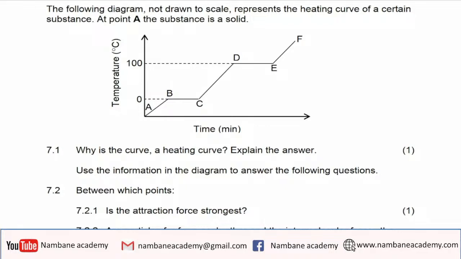Why is it a heating curve? It's because it's gaining heat. No, we need to put it in context that there should be at least some form of temperature mentioned there. And as time proceeds, that is interpretation. What is actually happening with the temperature and the time? It's a graph interpretation. Okay, thank you.